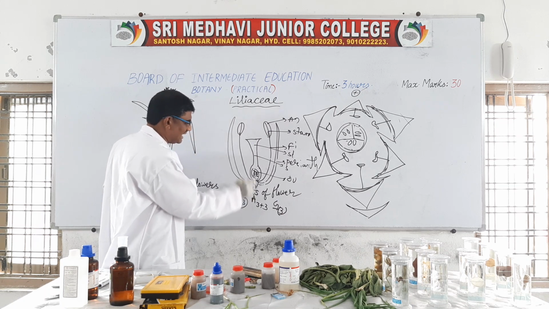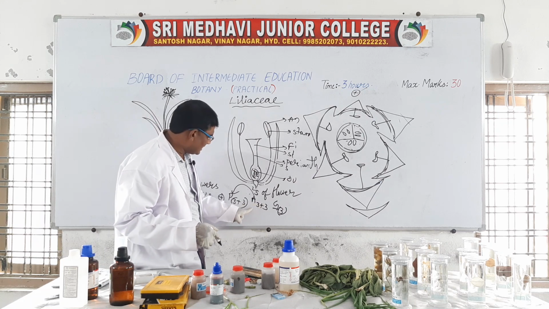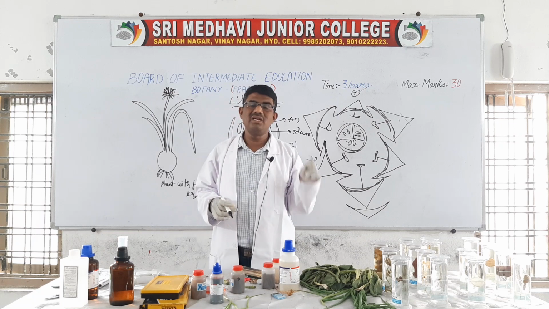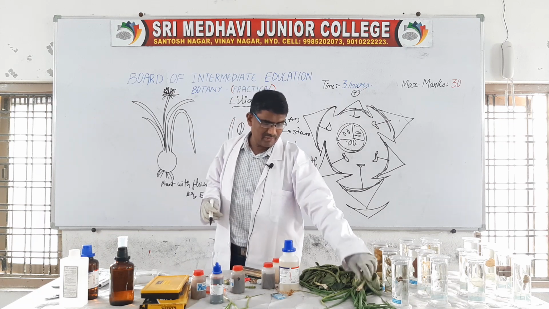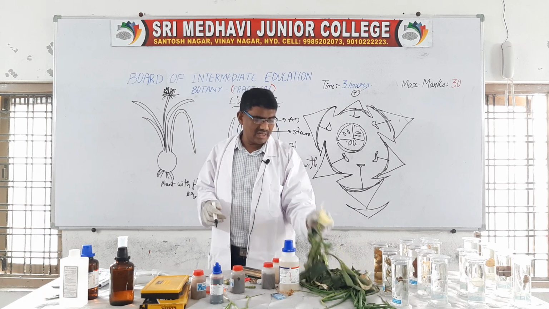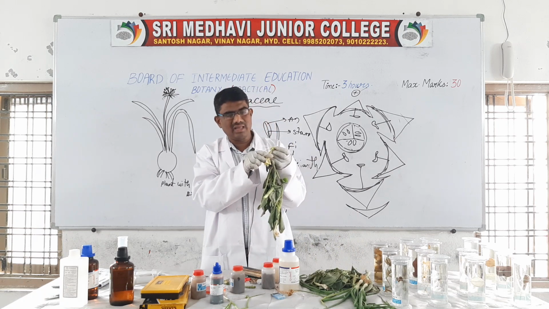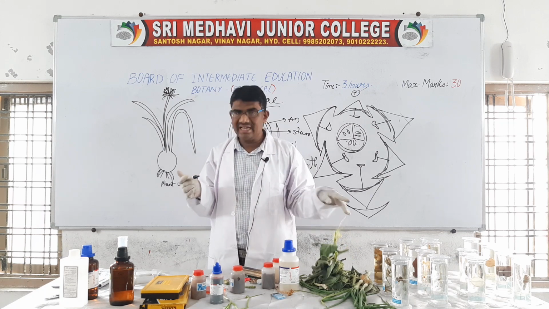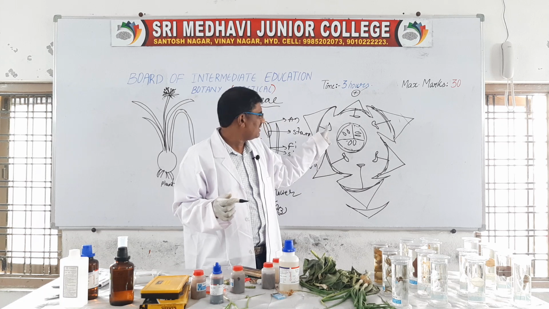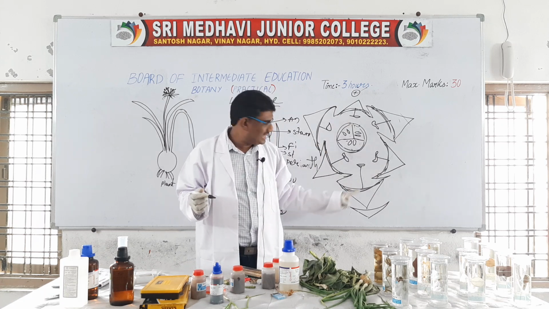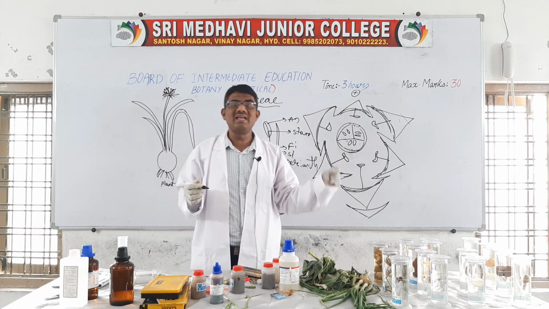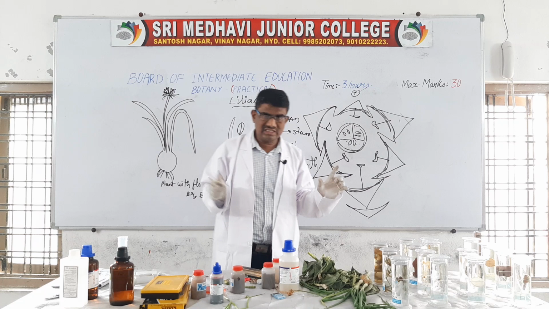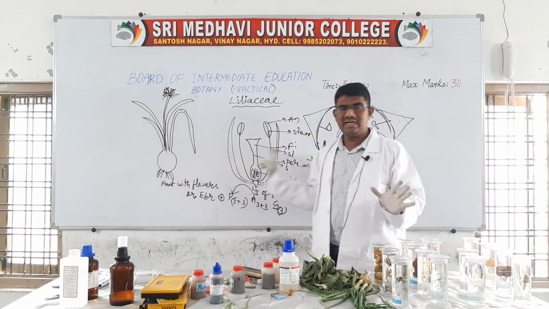This is called the epiphyllous condition. Epiphyllous means the stamens are united with the perianth. Epipetalous means the stamens are united with the petals, which I explained in an earlier video. Same in Liliaceae members: when the stamens are united with the perianth, it is called the epiphyllous condition. Understand?